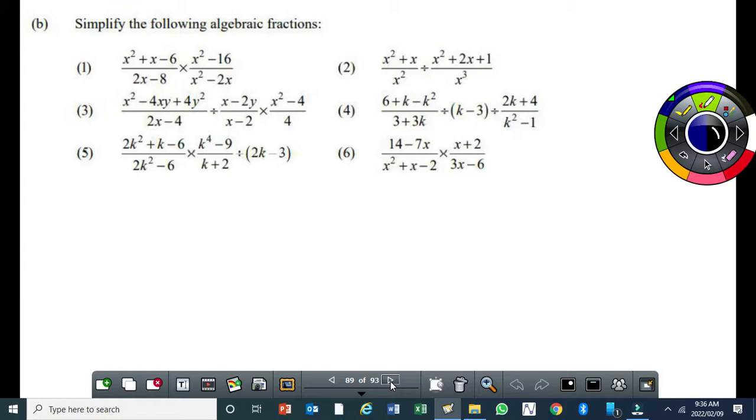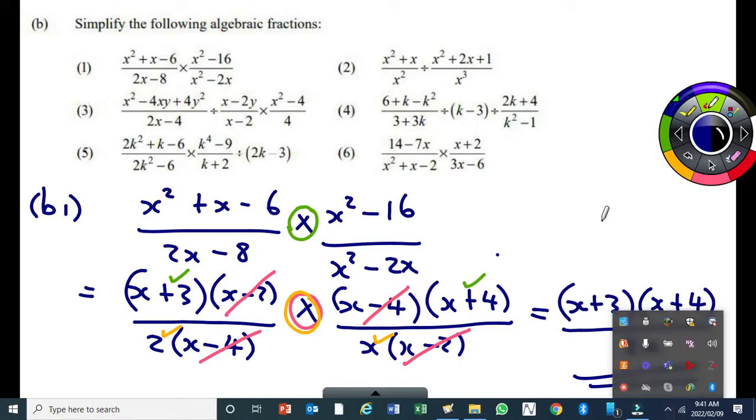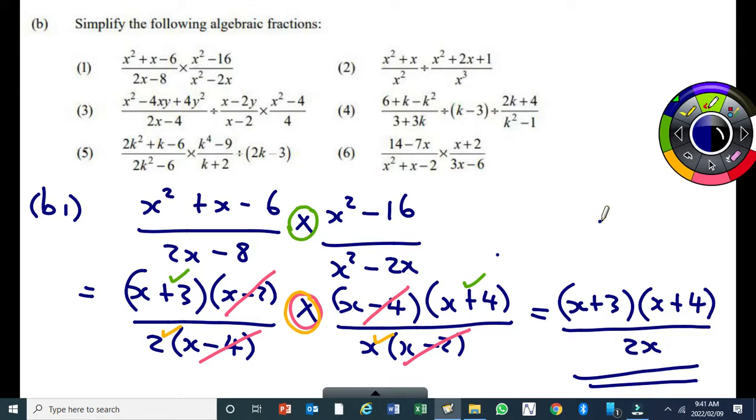Okay. Right, I'm going to show you multiplication and division. So let's start with B1. Now this is multiplication and division. Okay. Are you following? Okay.